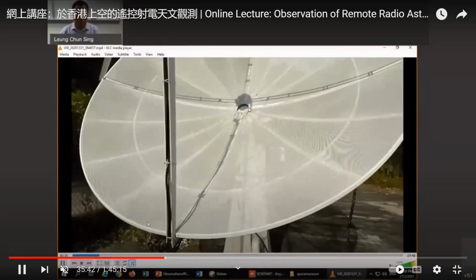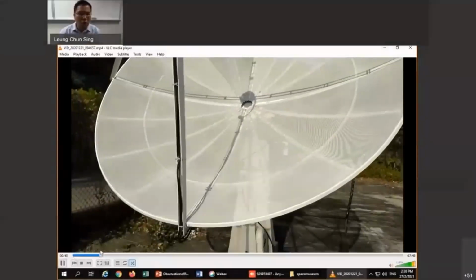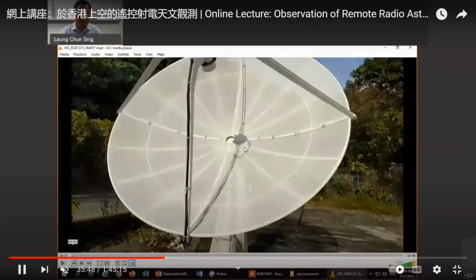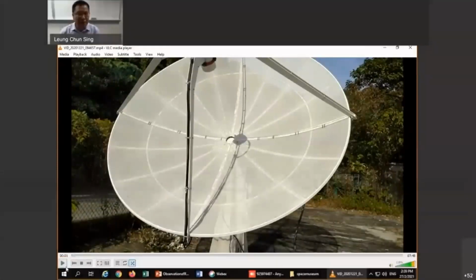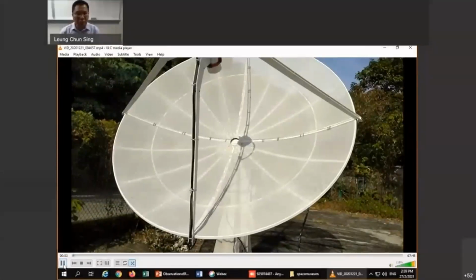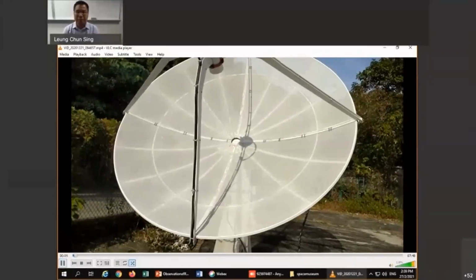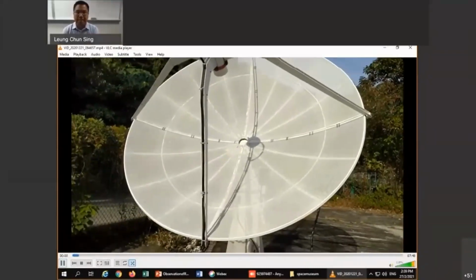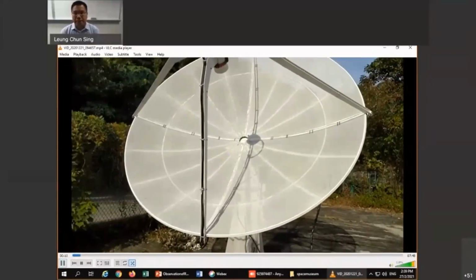The transmission through the internet may be very slow, but you can easily see the shadow which is moving, which means the antenna is physically moved in a specific direction. Can you see that?